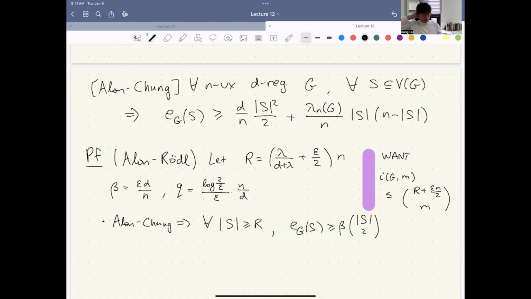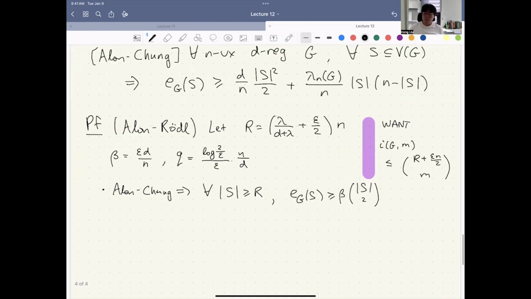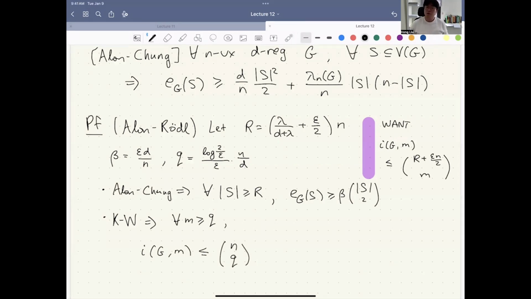This is pure calculation, I will skip it. Now, when we have local denseness, then Kleitman-Winston implies that for any M at least Q, I_G(M) is at most N choose Q, choosing the fingerprints of size Q, times R choose M minus Q. After Q steps the remaining set is of size R. We choose Q vertices, the independent set is chosen, and there are M minus Q left.